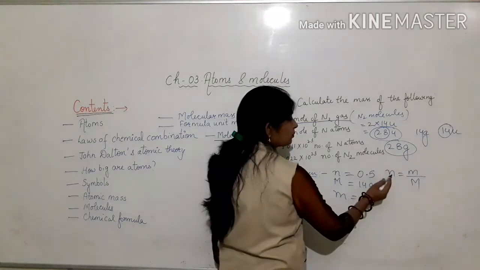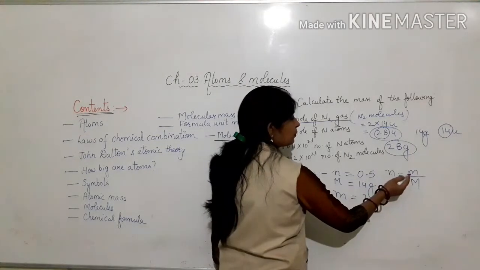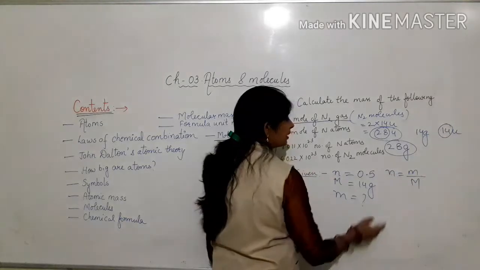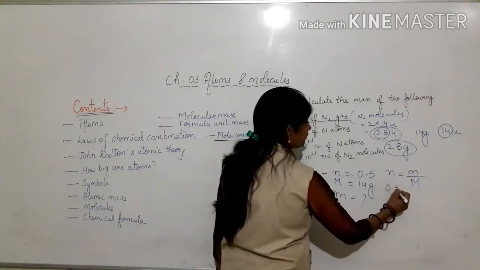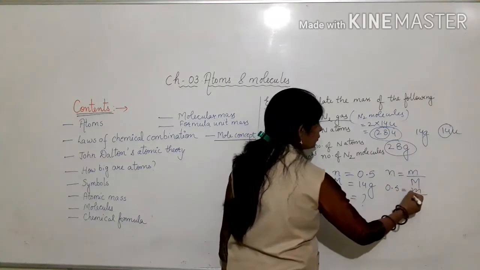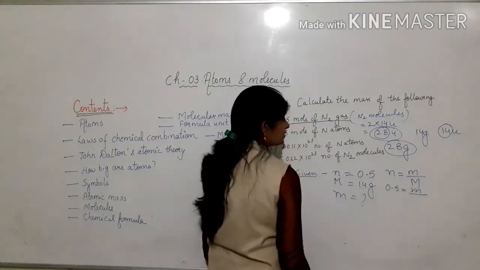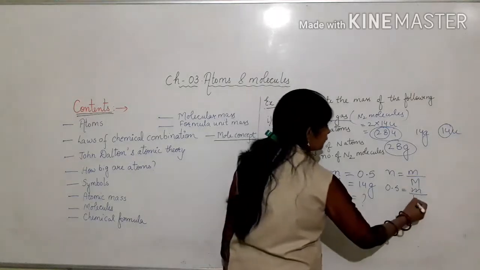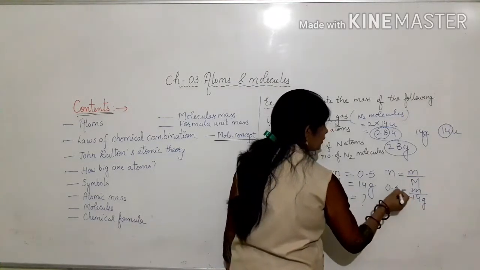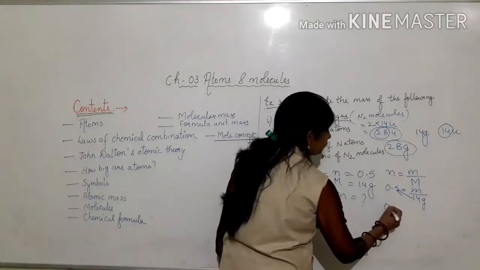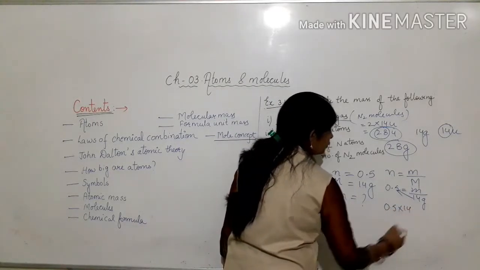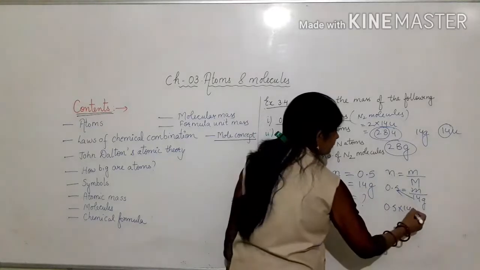So number of moles small n, 0.5, is equal to mass upon molar mass capital M, 14 gram. Now transfer it from right to left, it will multiply 0.5.